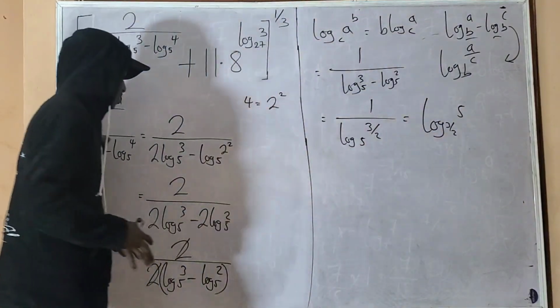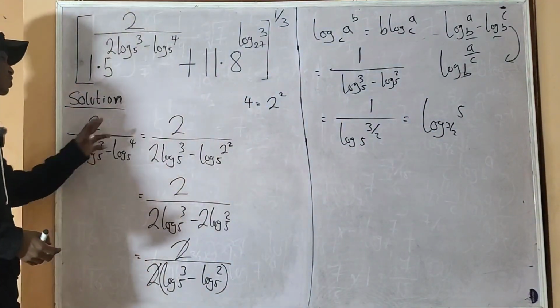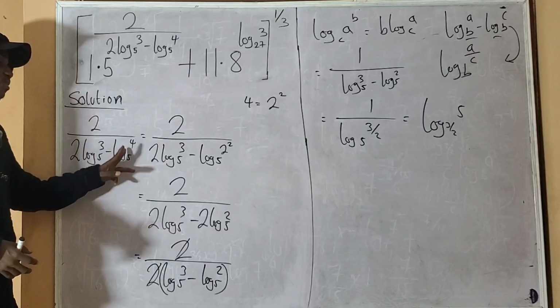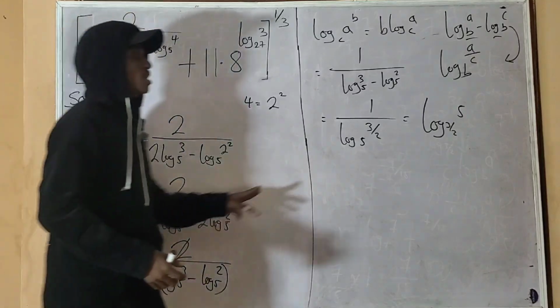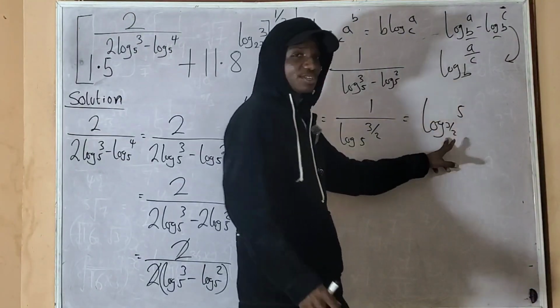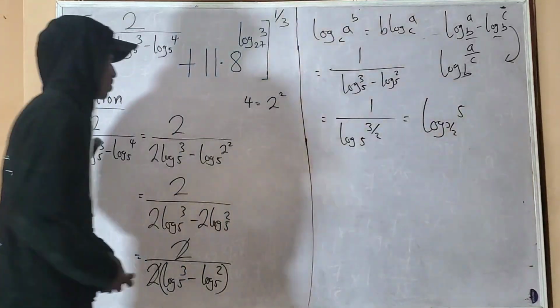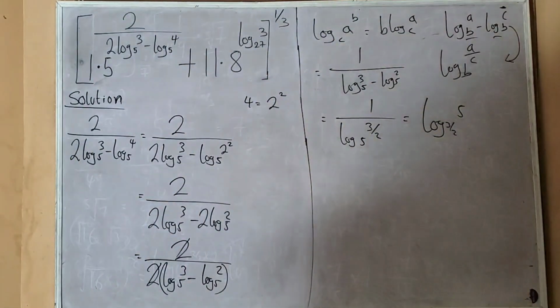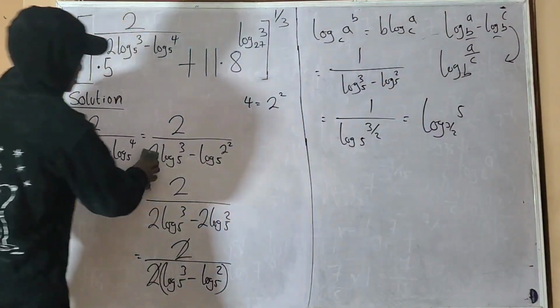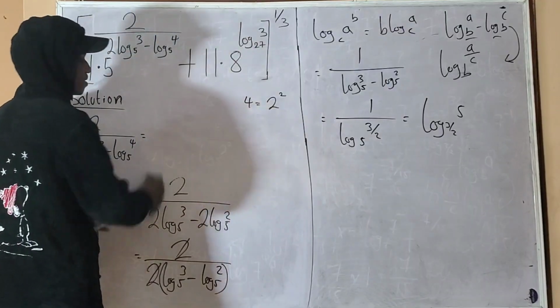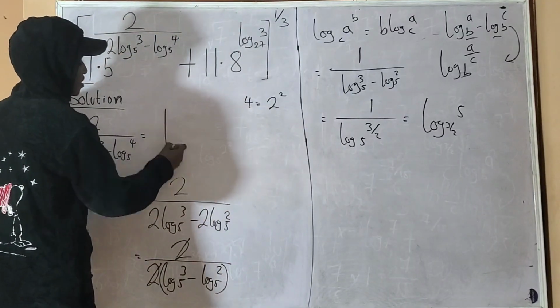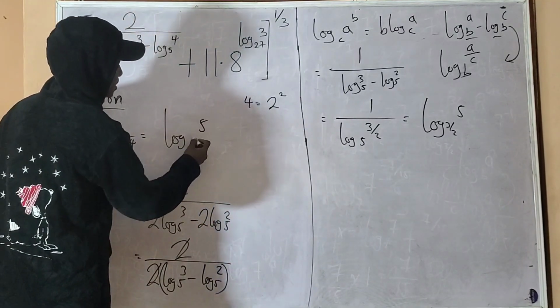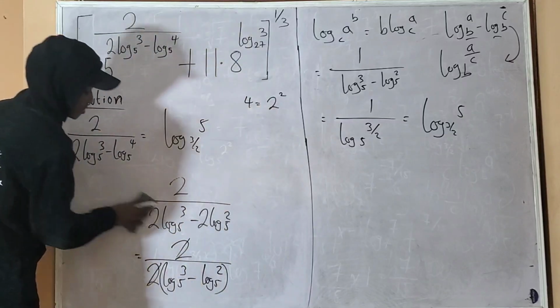So the simplified version of 2 over 2 log_5 3 minus log_5 4 is log_(3/2) 5. Do not forget it, so let me write it here.